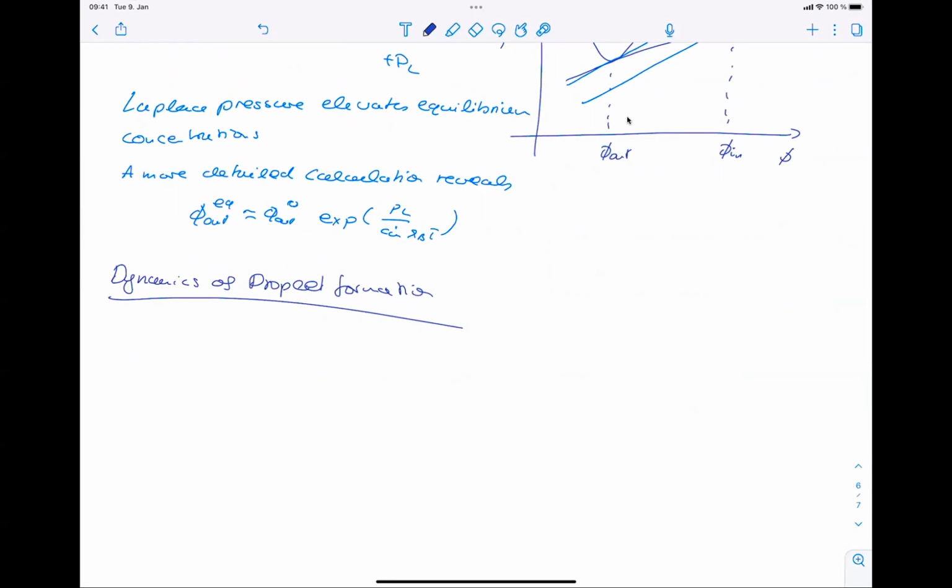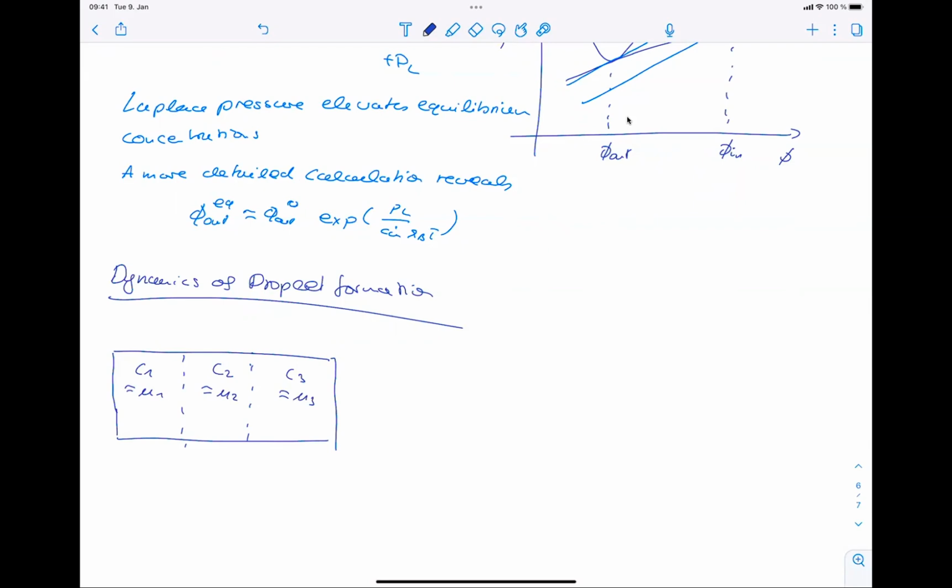So what do we need to consider for the dynamics? Say we have compartments of concentration 1, concentration 2, concentration 3, which each correspond to a chemical potential mu1, mu2, mu3.